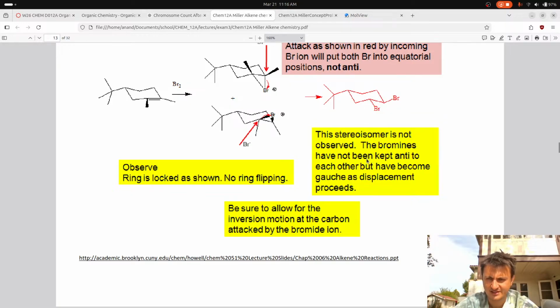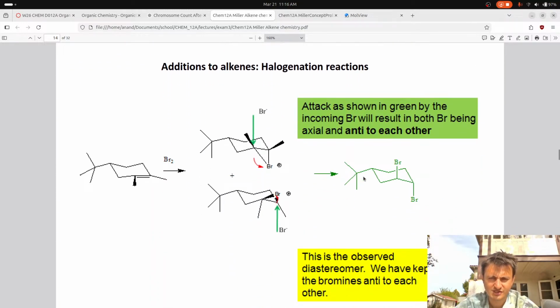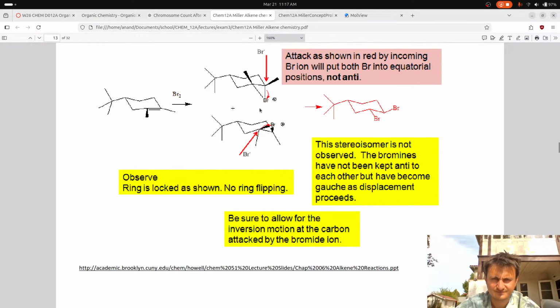The bromines have not kept anti to each other, but have become gauche as displacement proceeds. So here's the correct one. The bromine adds to the other side here. This is right now a very weird configuration, but this is going to invert.